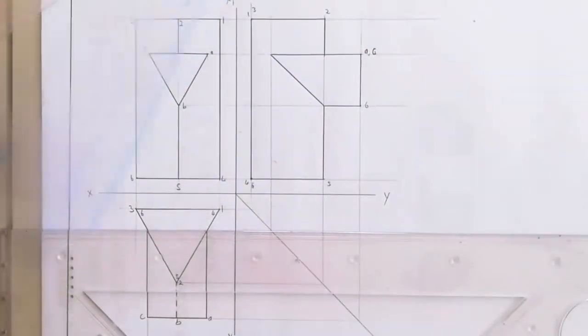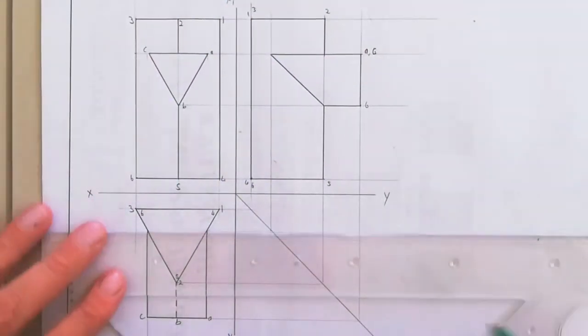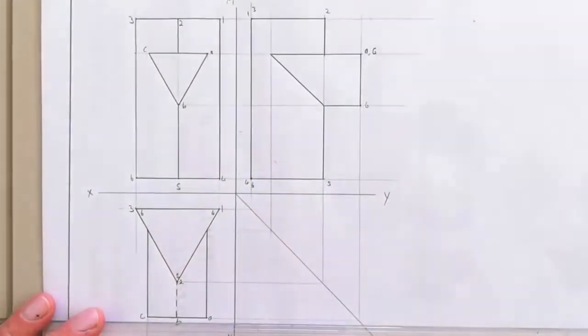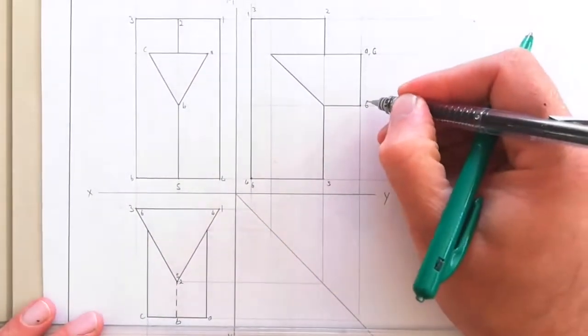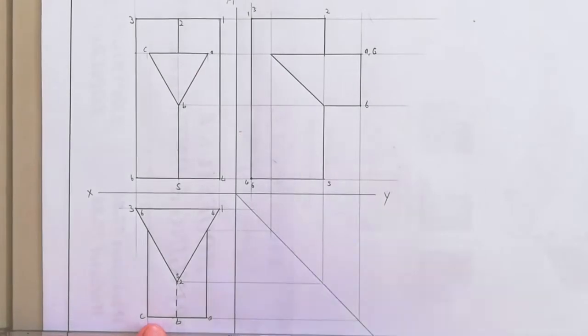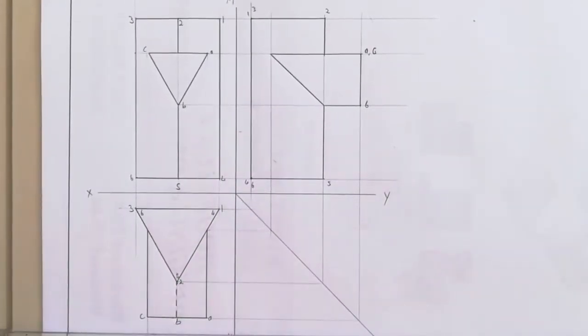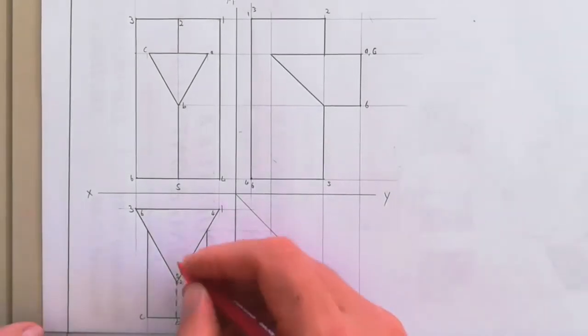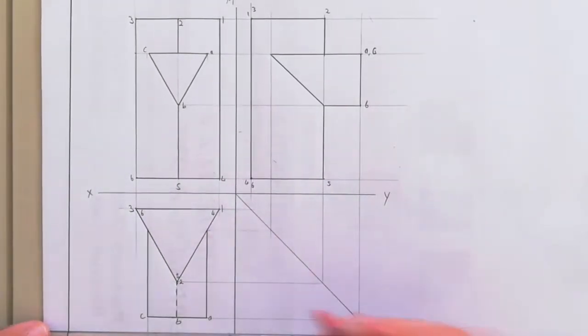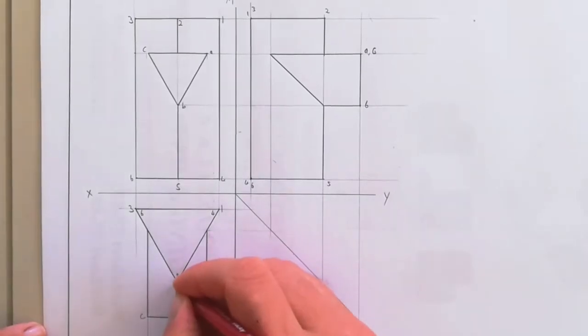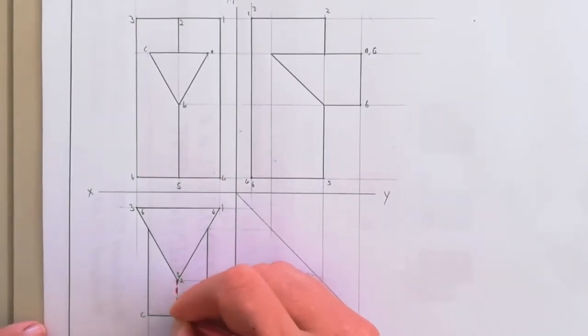Okay, so I'm just going to use another color to highlight what I've been trying to communicate here. Okay, this hidden detail, these hidden detail lines here, right?